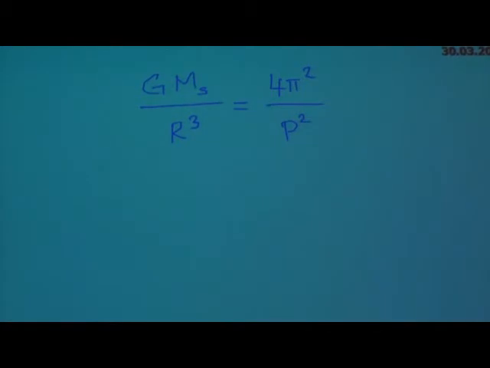So G M_sun over r cubed is 4 pi squared over P squared. Now let's rewrite this for something else.